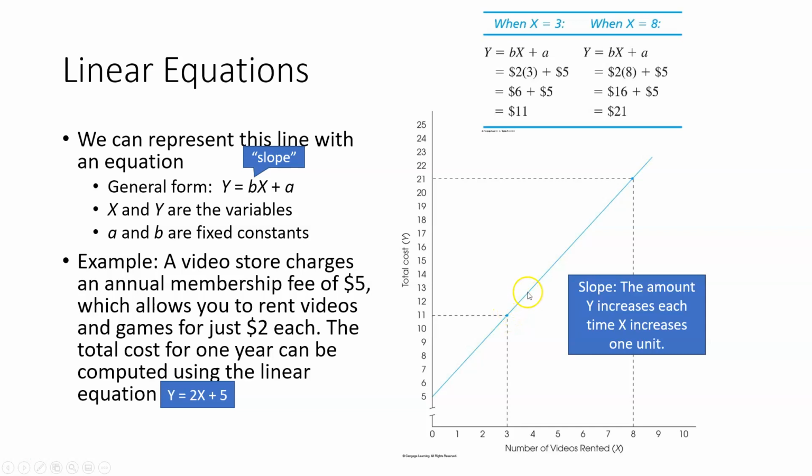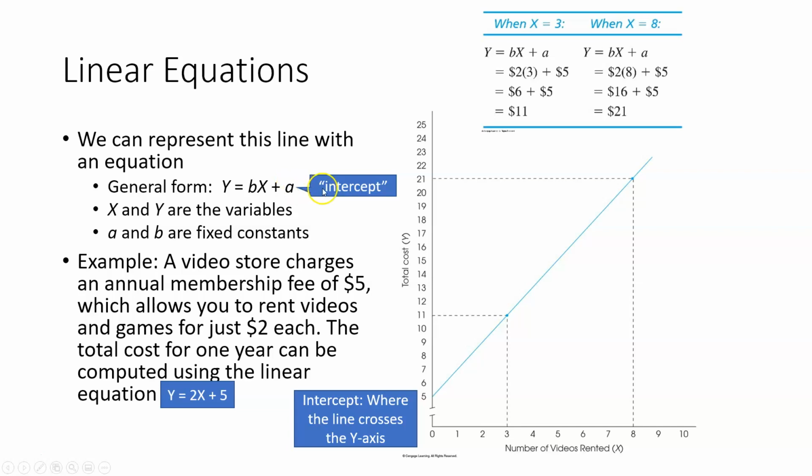It's $2 more. For each incremental unit of increase on the x-axis, we would increase 2 units on the y-axis. So when we go from 3 to 4, it goes to 13. 4 to 5, it goes to 15. 5 to 6, it goes to 17. So B right here represents the slope of the line, how much it increases in y for every value of x.